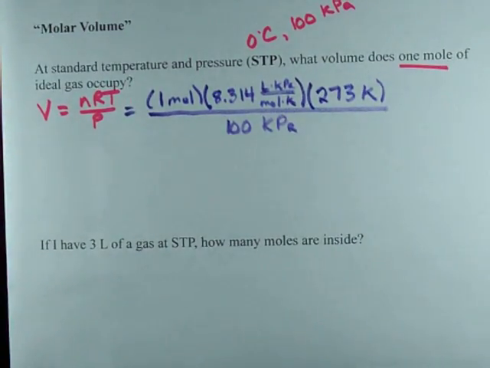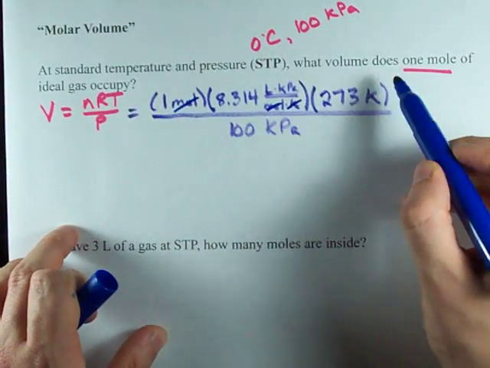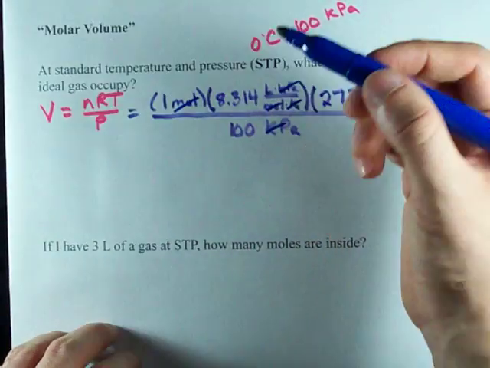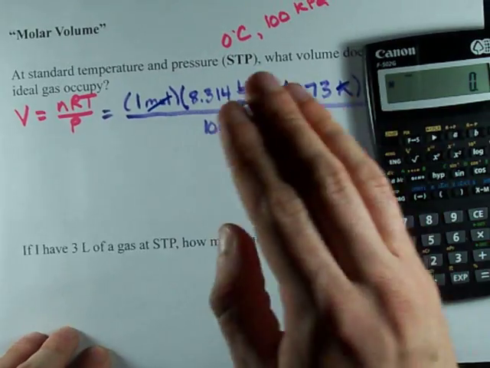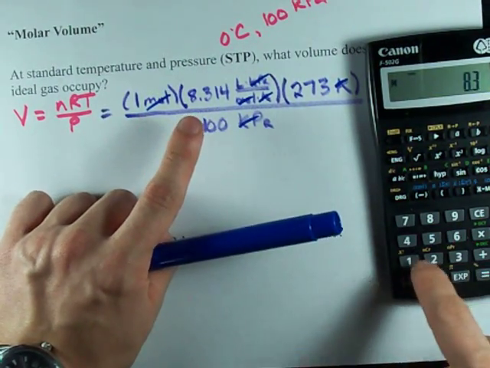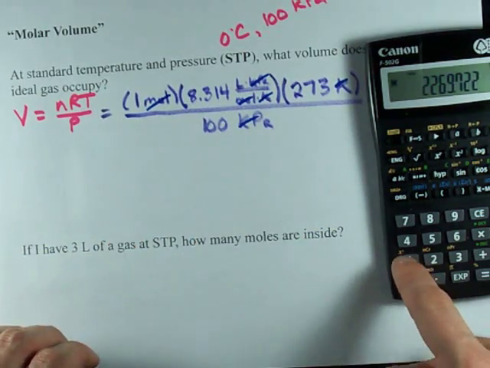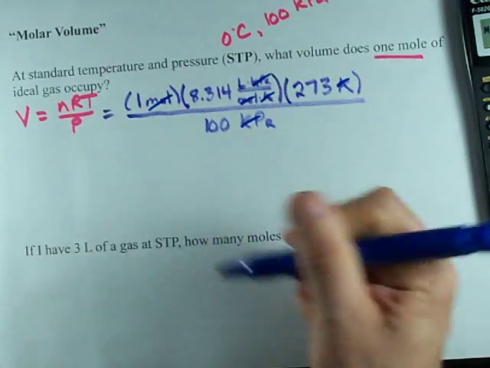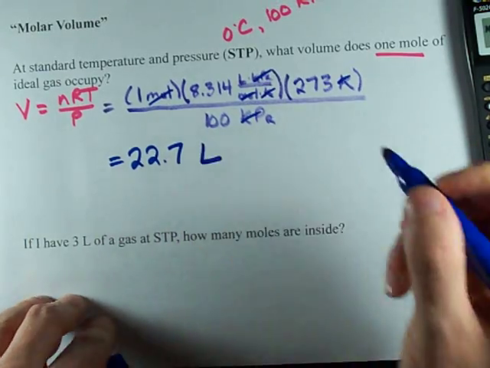Now let me just make sure my units canceled here. Moles with moles, Kelvin with Kelvin, kilopascals with kilopascals. I'm going to be left with liters. This is perfect. So 1 mole of gas at STP takes up 1 times 8.314 times 273 divided by 100, 22.7 liters.